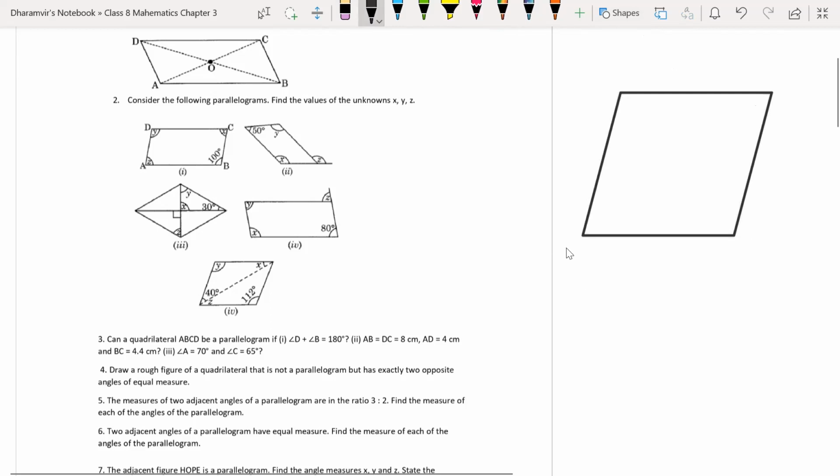This is A, B, C and D. The question first states that if angle D and B is equal to 180 degrees. Here B and D angles are opposite angles.